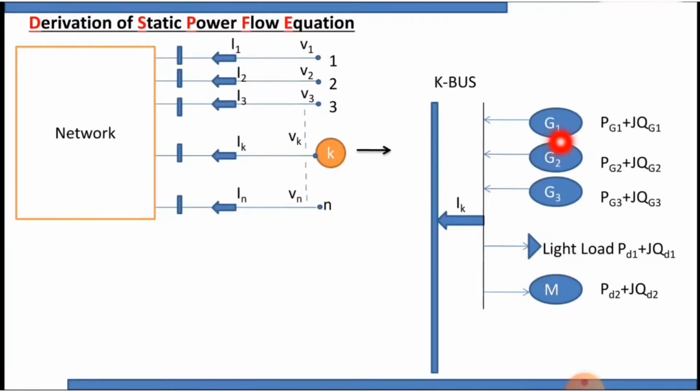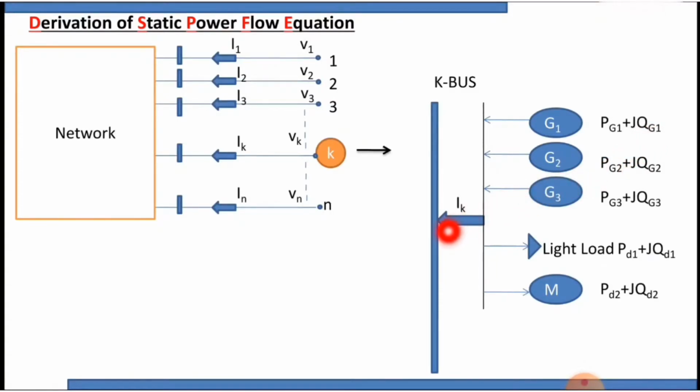The generator 1 connected to the kth bus, that is Pg1 plus jQg1. For generator 2, Pg2 plus jQg2. Generator 3, Pg3 plus jQg3. P represents the active power and Q represents the reactive power.